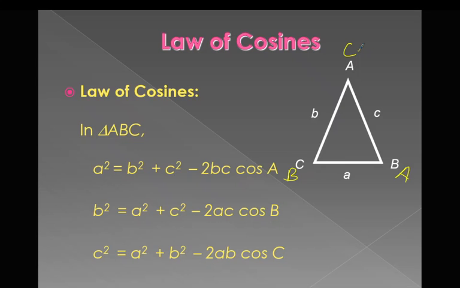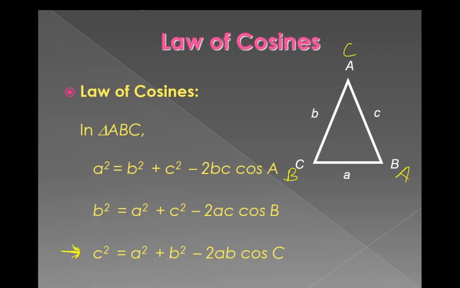And as long as I change the angle and the side name, I can name it however I want it to be. So really, I generally use this third one because it fits my idea of the Pythagorean theorem. Okay? But, like I said, it doesn't really matter because you can rename your triangle whatever you want to.